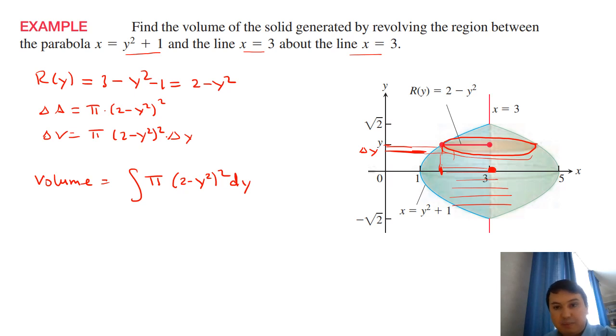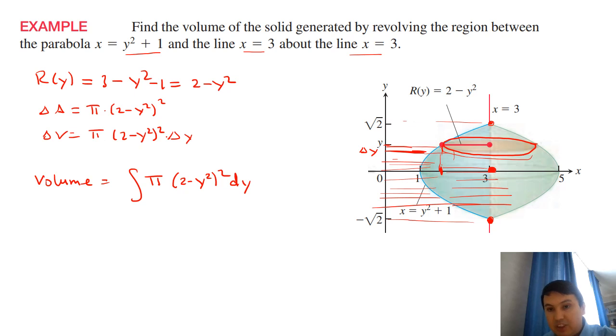Are the limits given? They are not given. Because I'm slicing with horizontal lines, I need to look at the y coordinate of this tip and the y coordinate of that tip. How am I going to calculate it?